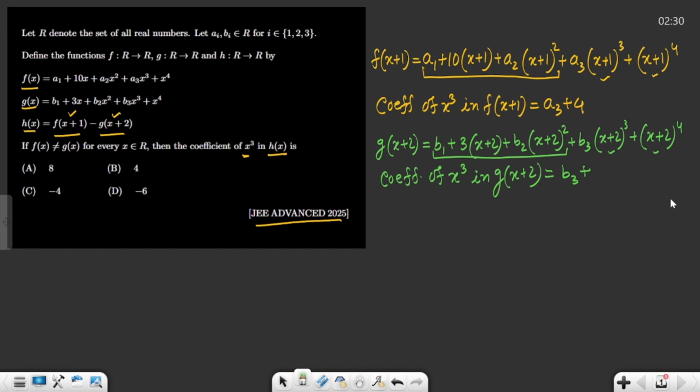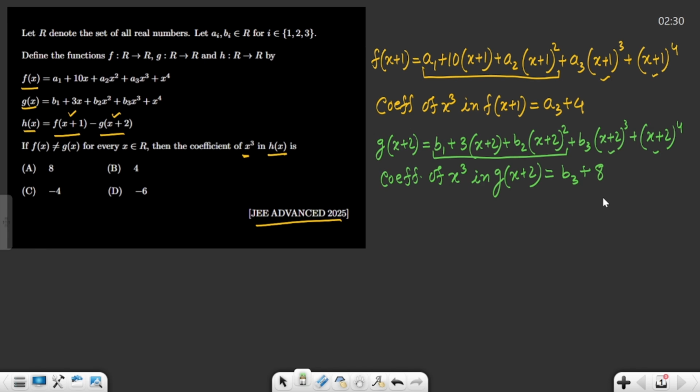So the coefficient of x cube in (x+2) whole to the power 4 is 4 into 2, which is equal to 8. So b3 plus 8 is the coefficient of x cube in g(x+2).